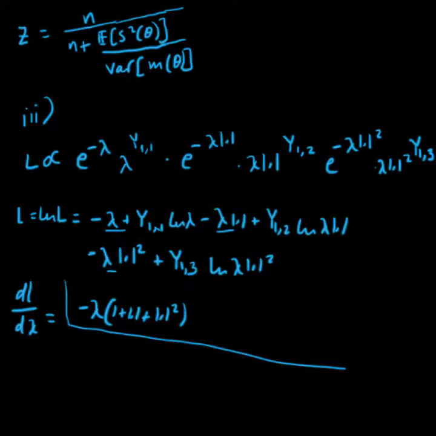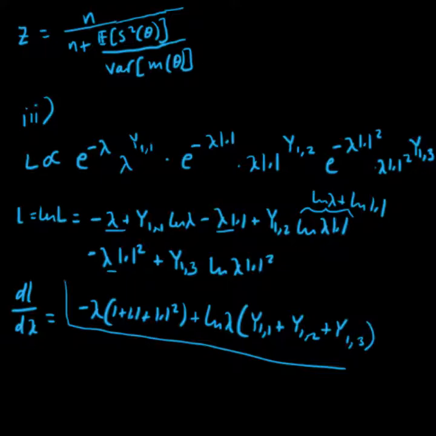We can notice that there's a log lambda, so we can take out ln lambda and put in there y1,1 plus y1,2 plus y1,3. I'm skipping a step, because really this bit is ln lambda plus ln 1.1, and that bit I'm just going to save for later, plus ln 1.1 plus ln 1.1 squared.